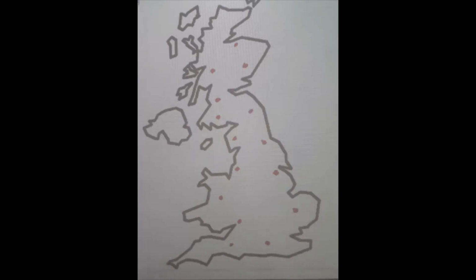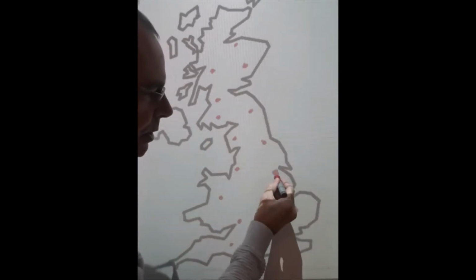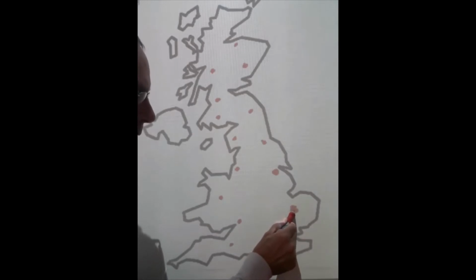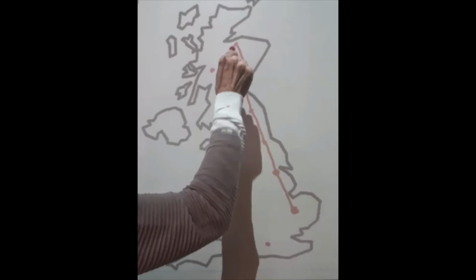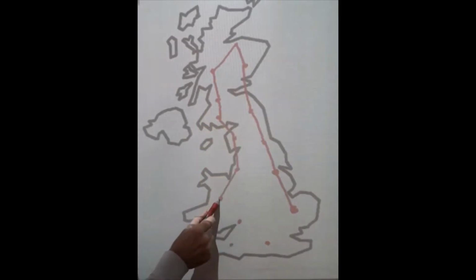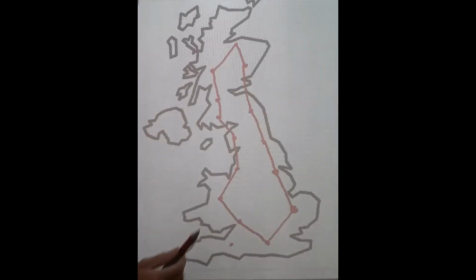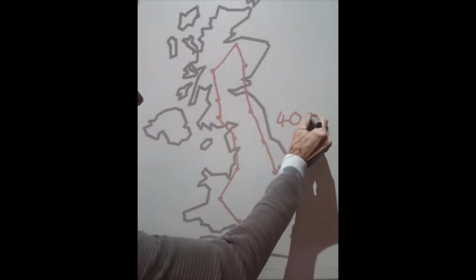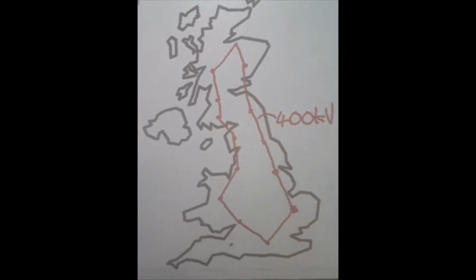So if we go with 400 kV, what happens is the generating companies take the power they generate and they connect all of the power stations together in what we would call a ring. So this is right around the whole country, and this is 400 kV.